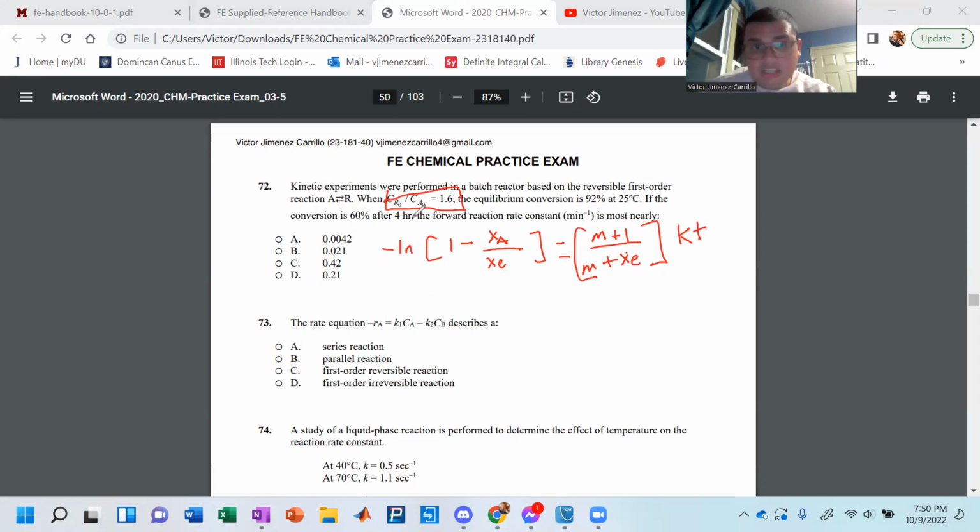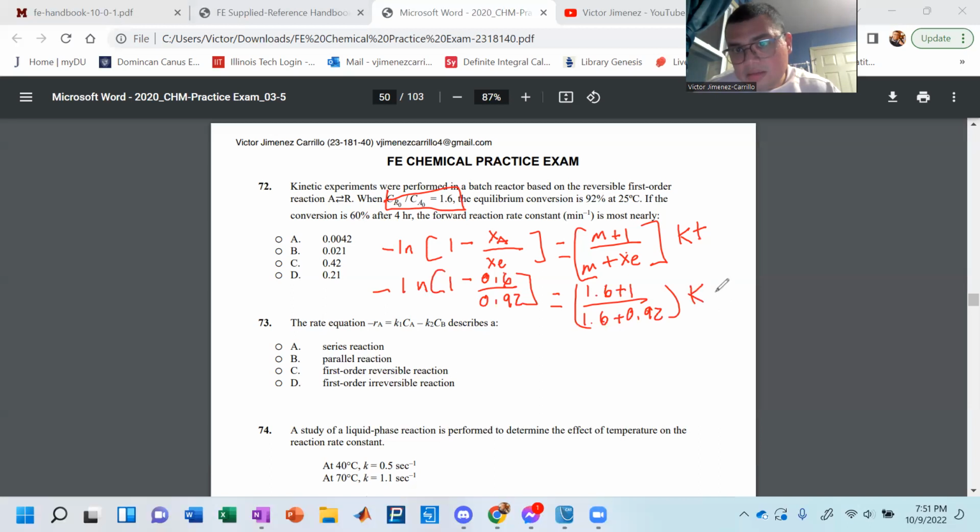Now, with all that being said, you can plug and chug as much as you want because XA is 60%, XE is 92%, M is 1.6, and T is 4 hours, and they want it in minutes, so turn 4 hours into minutes, and then solve for K. So just plug everything in, and it'll become negative ln of 1 minus 0.6 divided by 0.92, equals 1.6 plus 1 divided by 1.6 plus 0.92, times k, multiplied by 4 times 60.